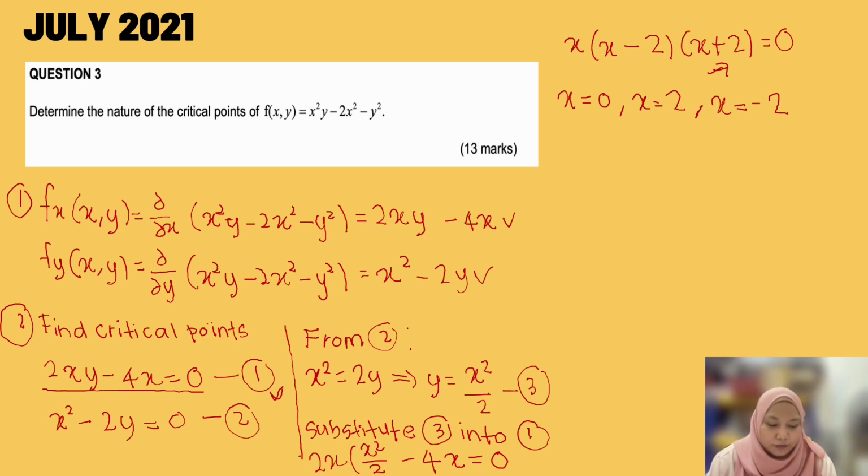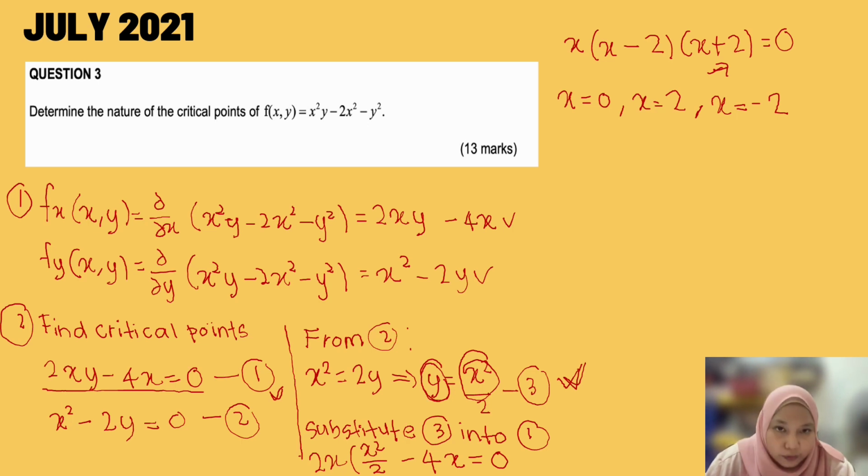So next step we will find our value of y. How? We will substitute all these values of x into our third equation here, because in this one we already have y as the subject. So when we substitute x here, we will directly get our value of y.